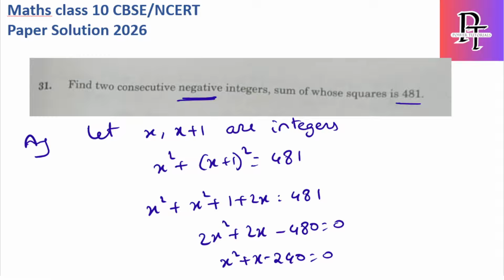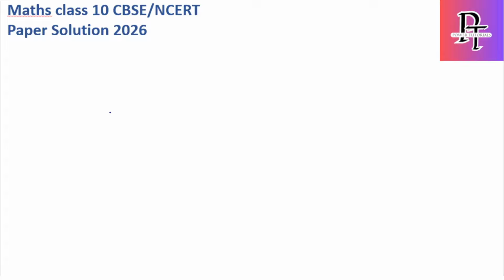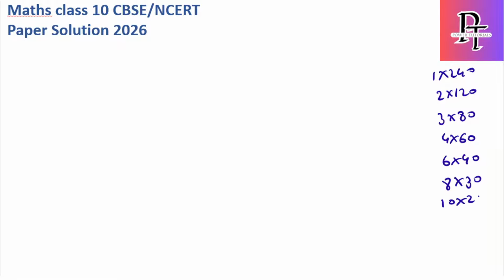Let's write the factors of 240 to get the value of x. 240 is 1 into 240, 2 into 120, 3 into 80, 4 into 60, 6 into 40, 8 into 30, 10 into 24, 12 into 20.